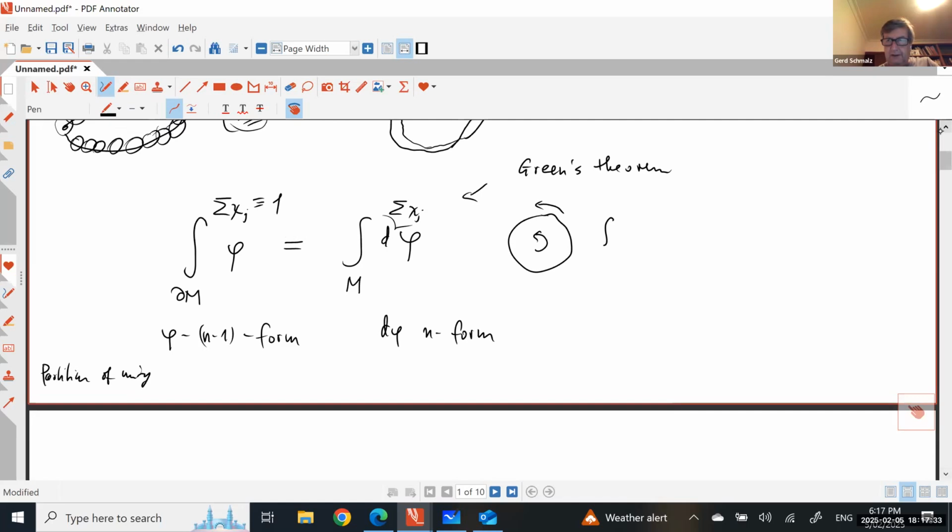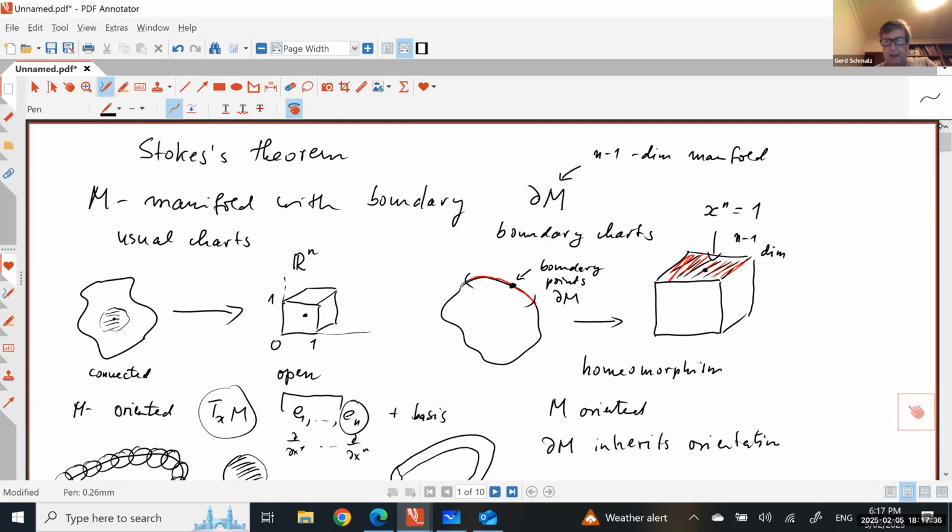And also in these boundary charts, of course, we actually need also to adapt our partition of unity, so that we have some functions which have the following property. They are, say, one, including a part all inside here.